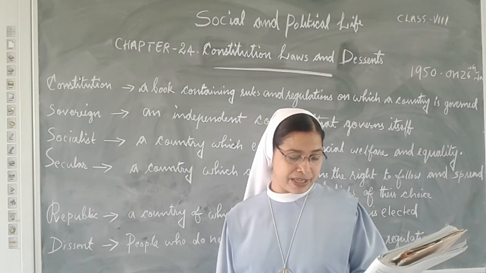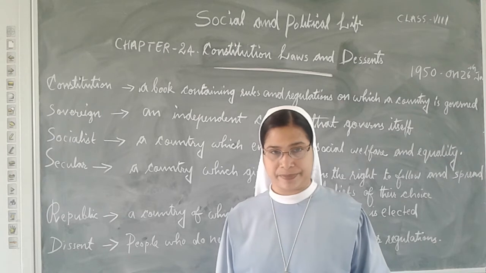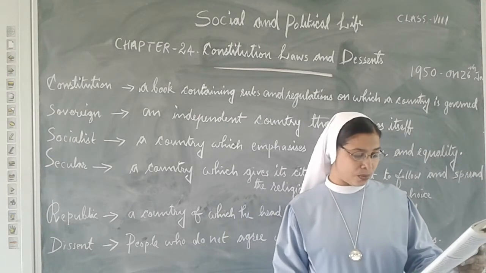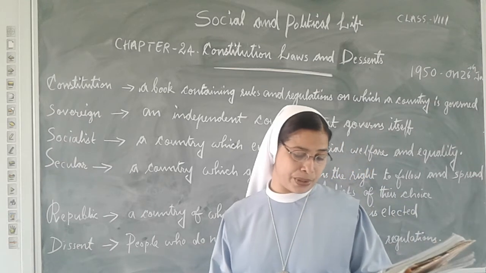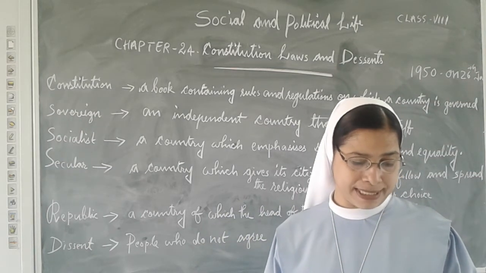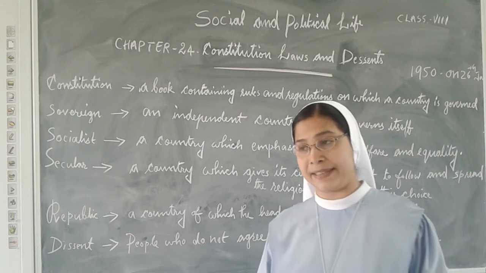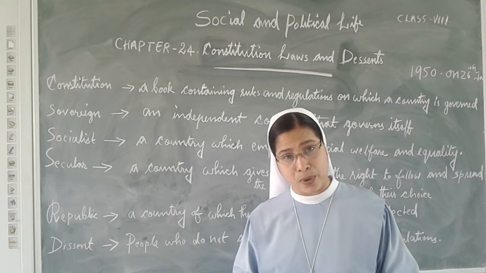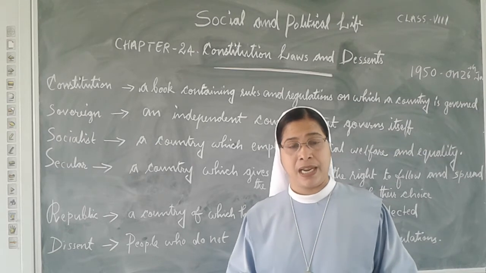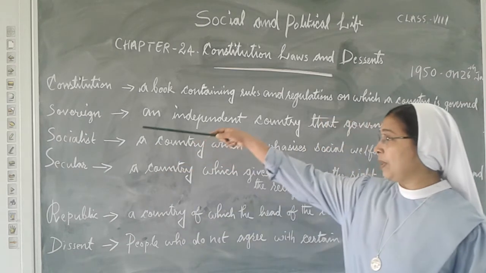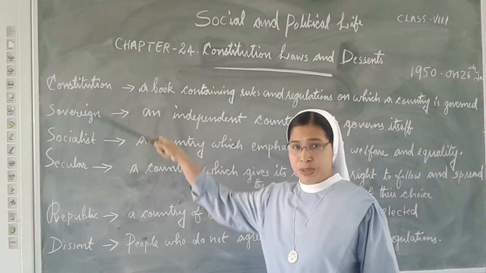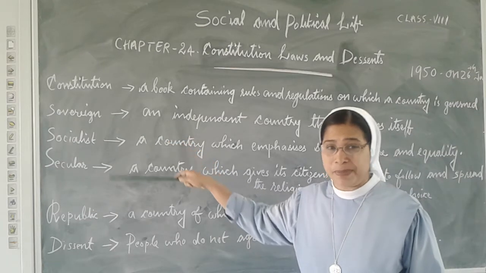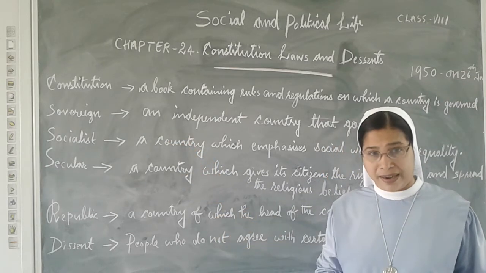Now we will see the importance of the constitution. There are different aspects of its importance. The first one is that it lays out certain ideals according to which the country is to be governed. Before understanding the importance of the constitution, let me tell you the words and their meanings, which makes the chapter very easy to understand.